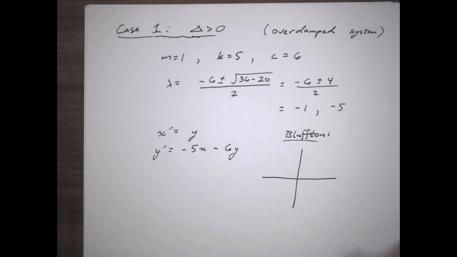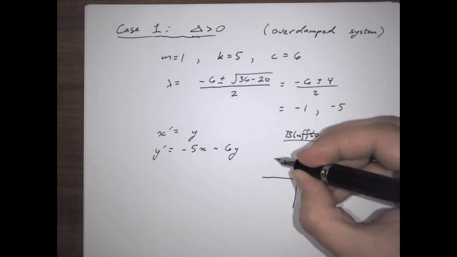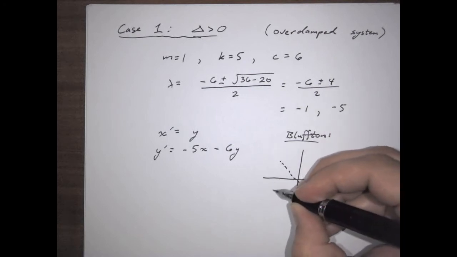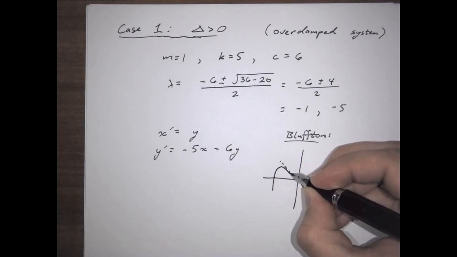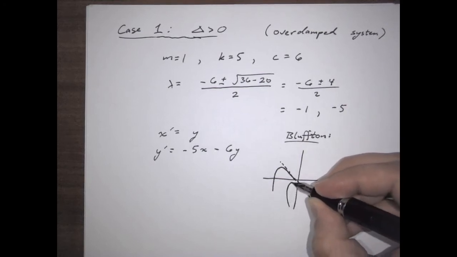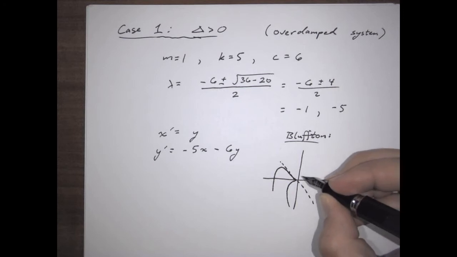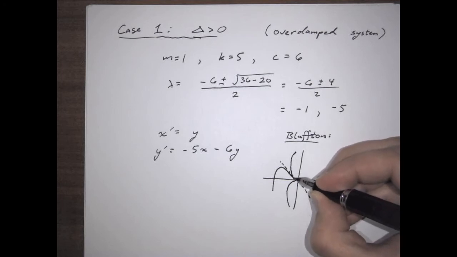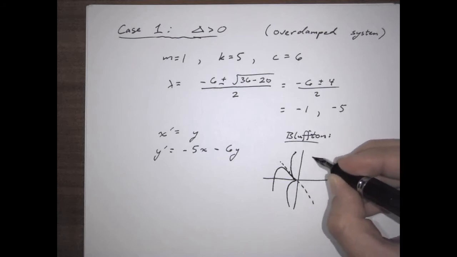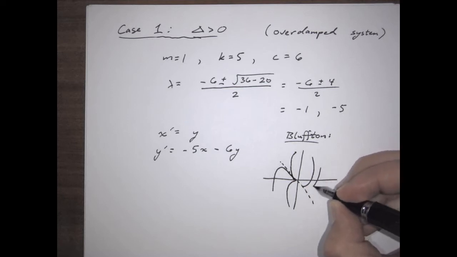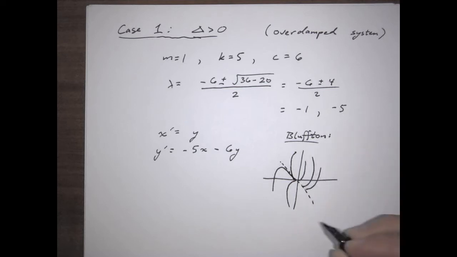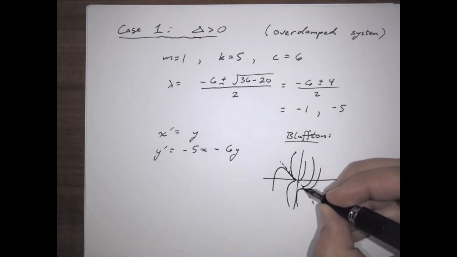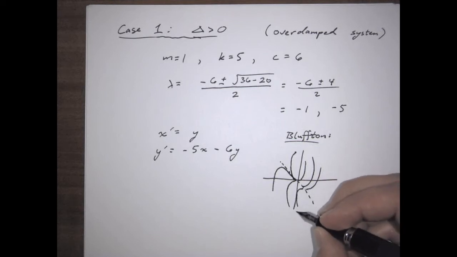From Bluffton, we got the phase portrait. It was going in like that. Anyway, so it's going in towards the origin.